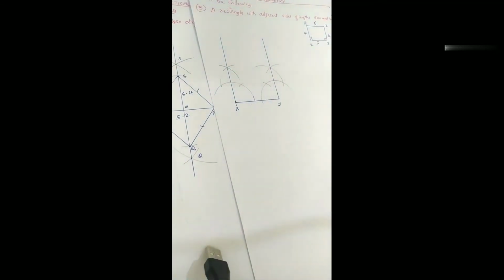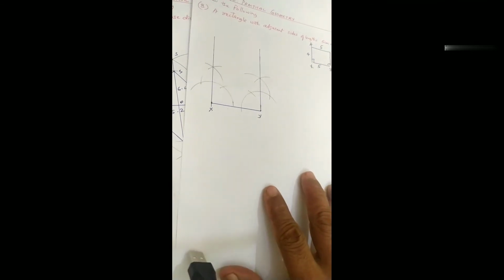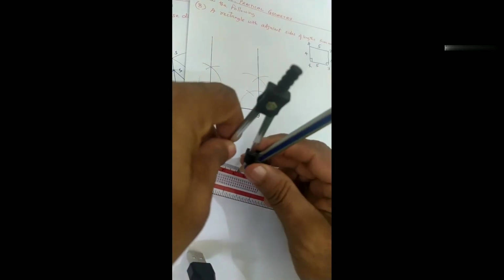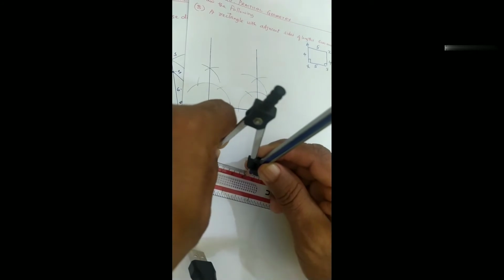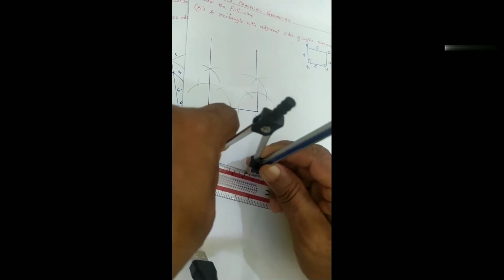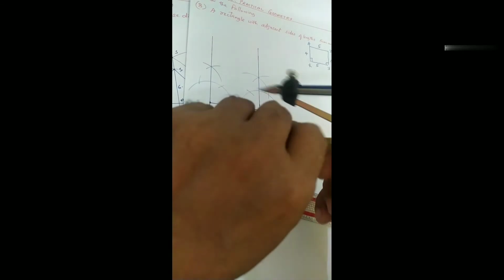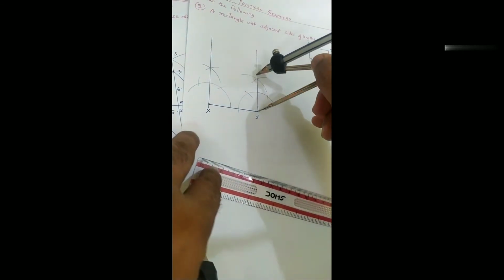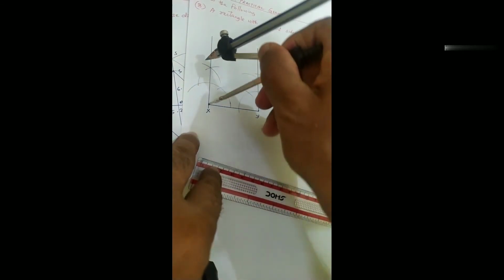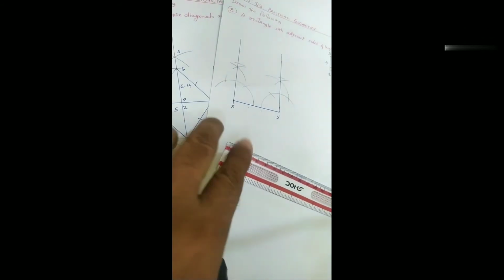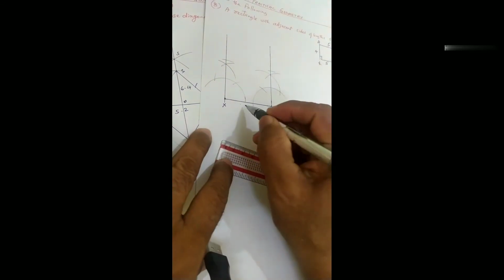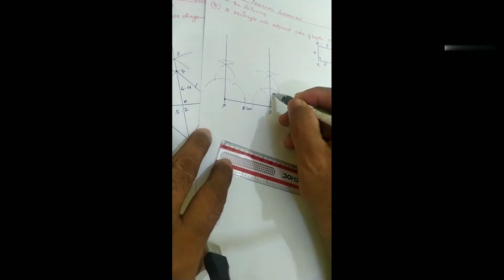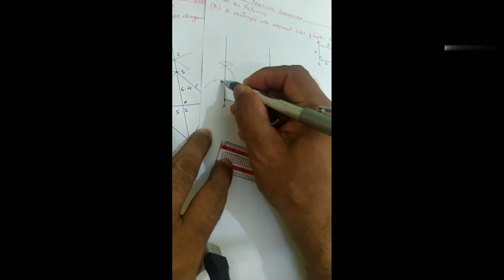And take 4 centimeters from both the sides. This is 4 centimeters. Again this is 4 centimeters. So this is 5 centimeters, this is 4 centimeters, this is 4 centimeters.